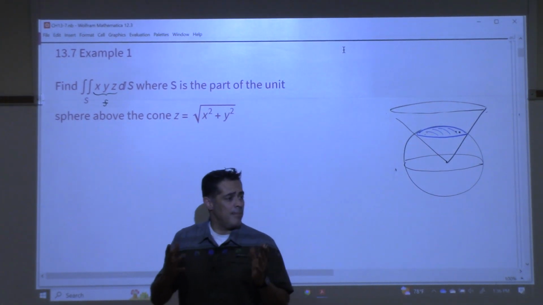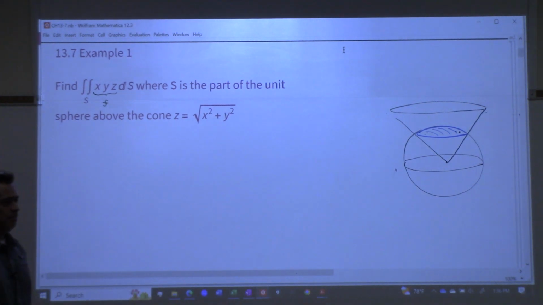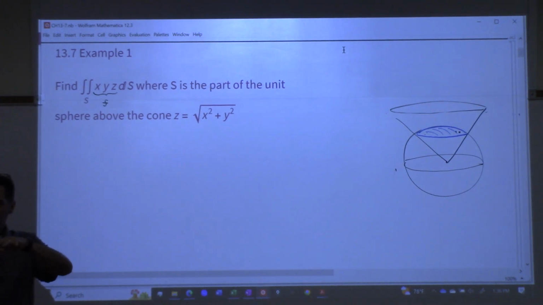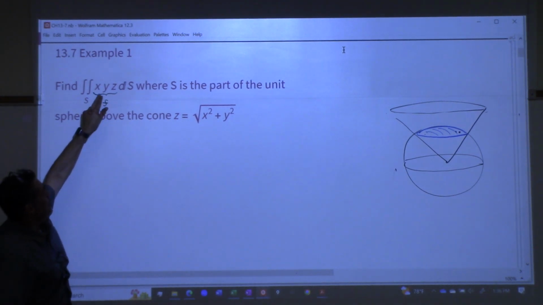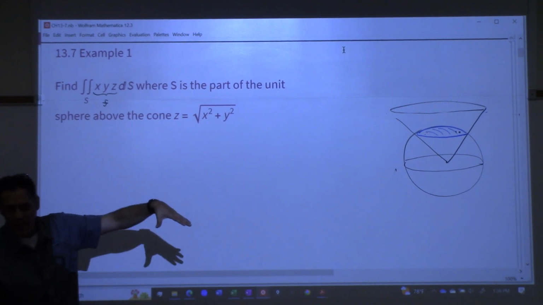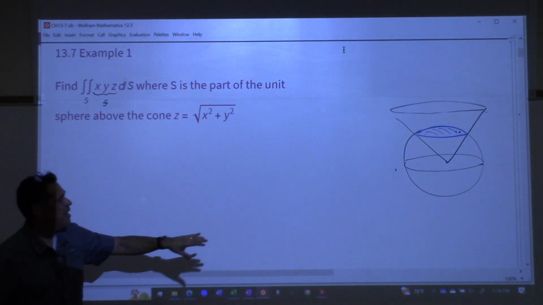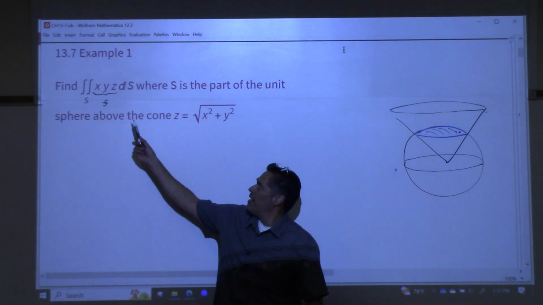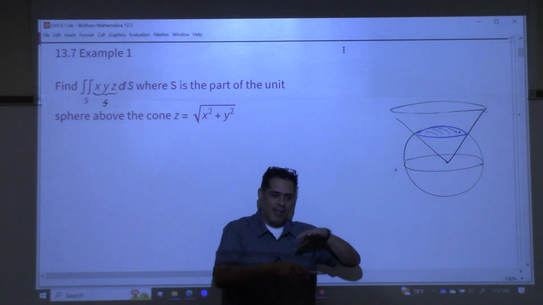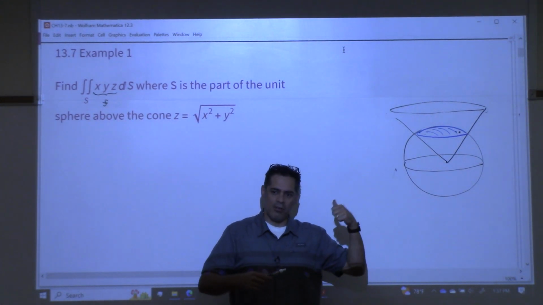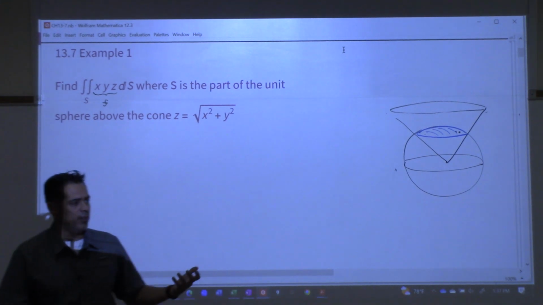Add all those numbers up, and that's what this gives you. It's the sum of the value of that function over that entire surface. So if this function is the density of that surface, then this integral will give us the mass of that surface.